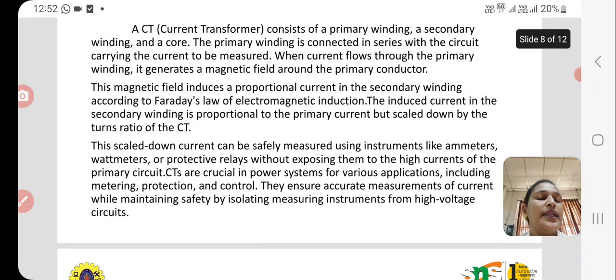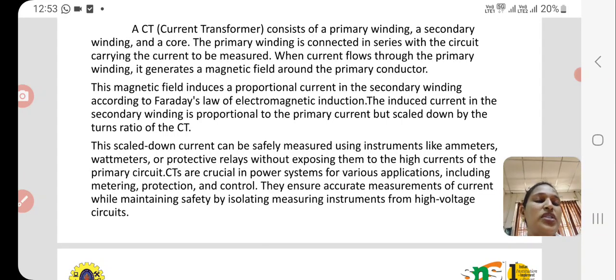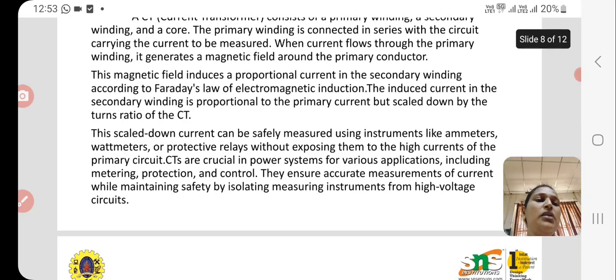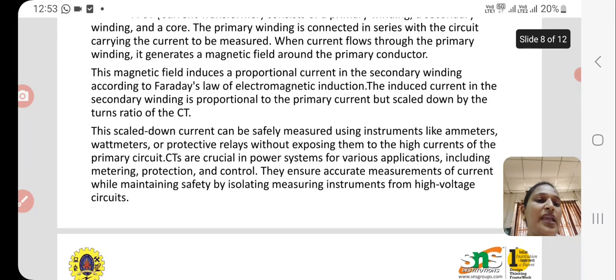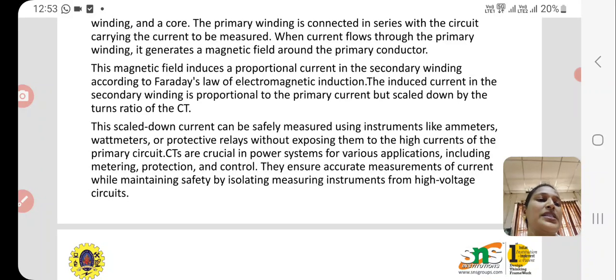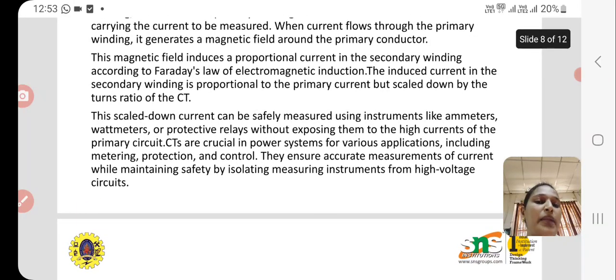The induced current in the secondary winding is proportional to the primary current but scaled down by the turns ratio of the CT, so a step down current value is produced in the secondary. This scaled down current can be safely measured using instruments like an ammeter, wattmeter or protective relays without exposing them to the high currents of the primary circuit.